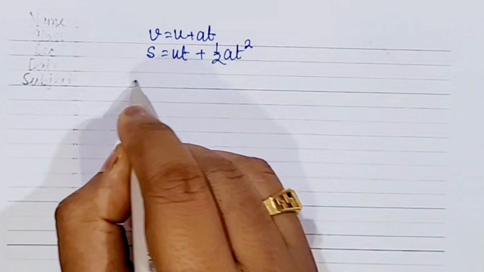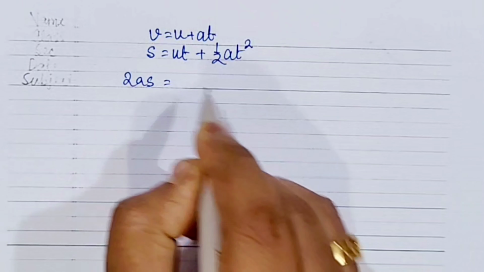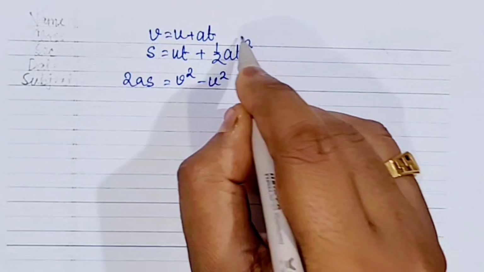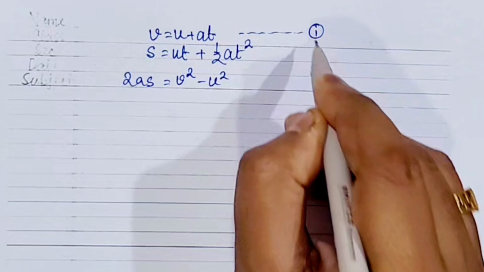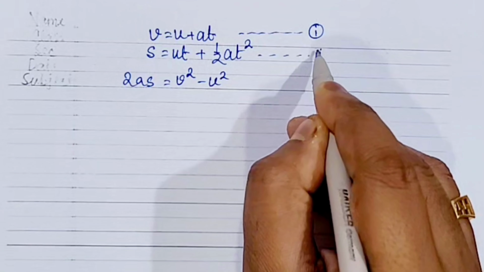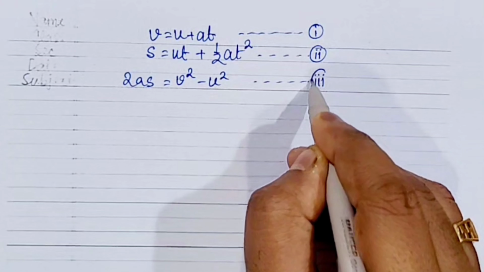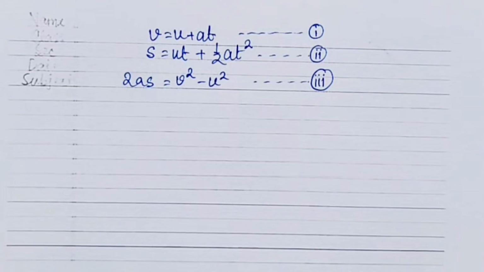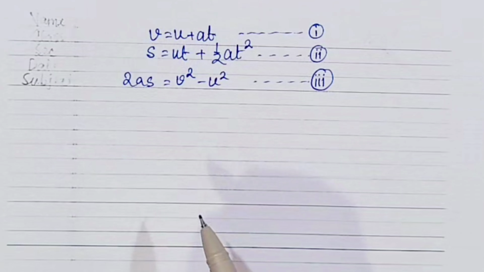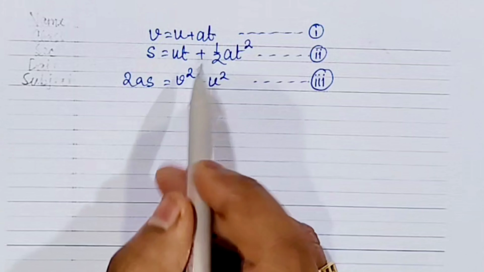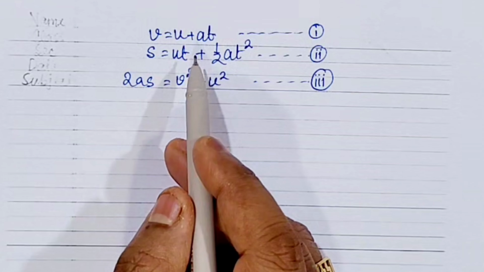And the third one, 2AS equals V square minus U square. We have already proven formulas 1 and 2. The second formula had been proven in the speed time graph. The first formula is directly derived from the definition of acceleration.